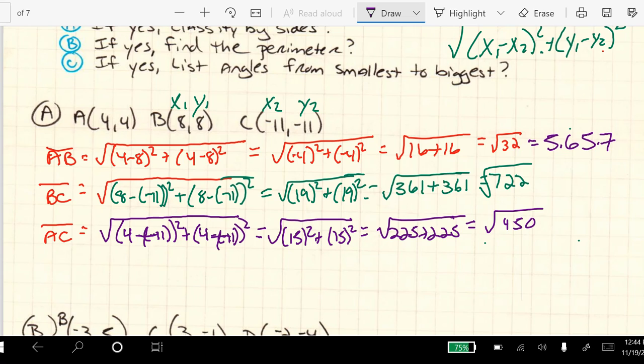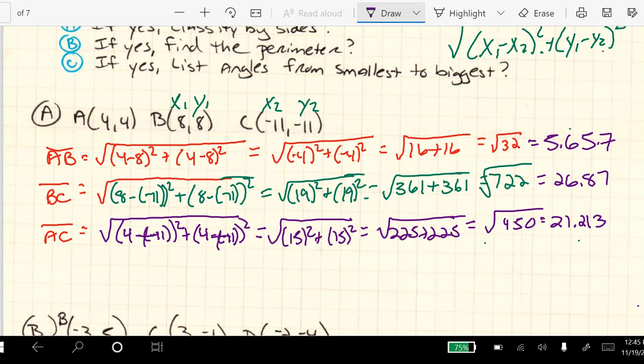The square root of 722 is 26.87. And then the square root of 450 is 21.213.